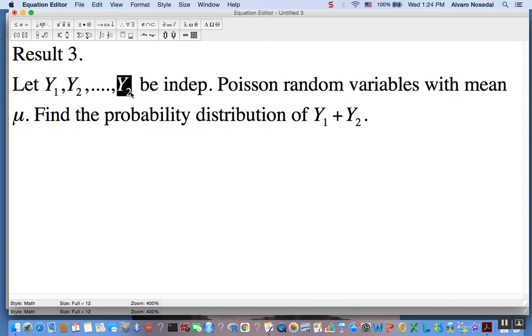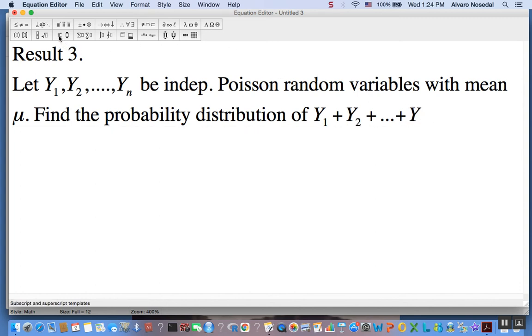They are independent and identically distributed Poisson random variables with mean mu. Now I want you to find the distribution of Y1 plus Y2 plus Y3 up to Yn.